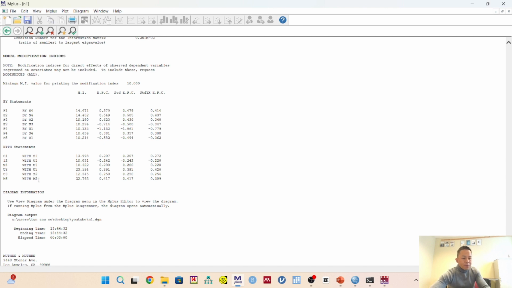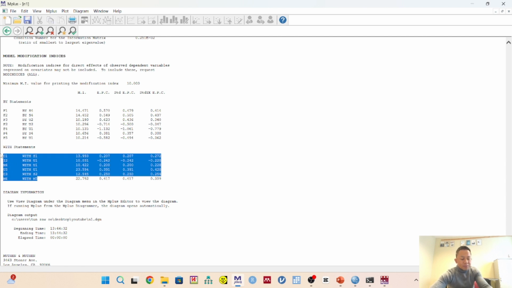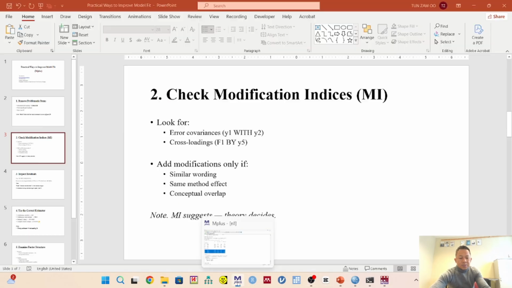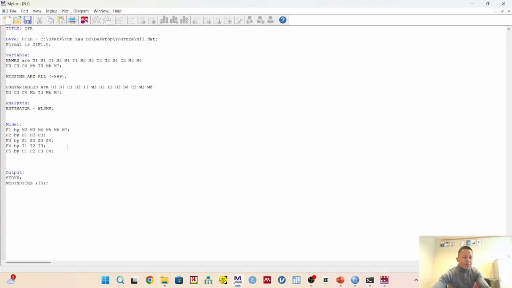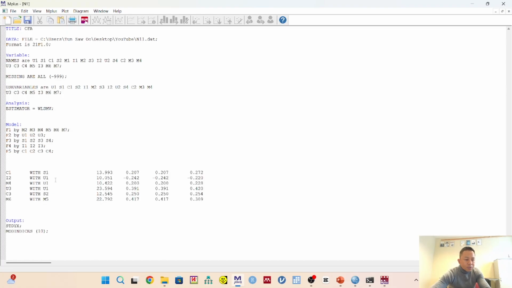Here we will copy it and put it in Mplus, import here. I will put it here in the model. But we should take care when we run the model.